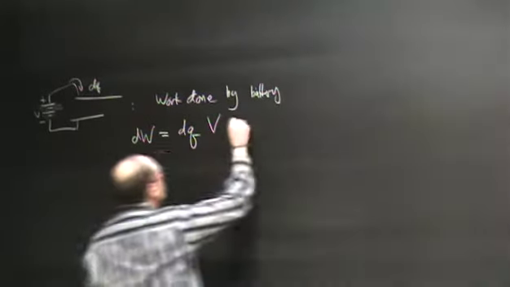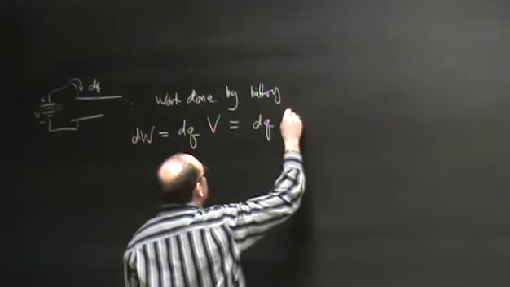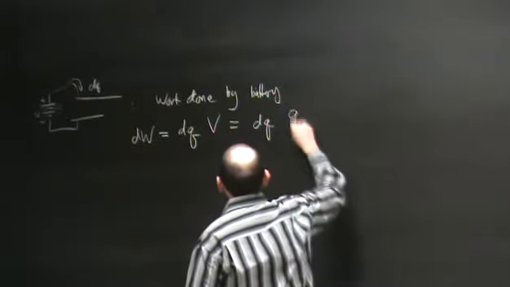And that potential difference, if there's a particular amount of charge already on there, is equal to Q over C.